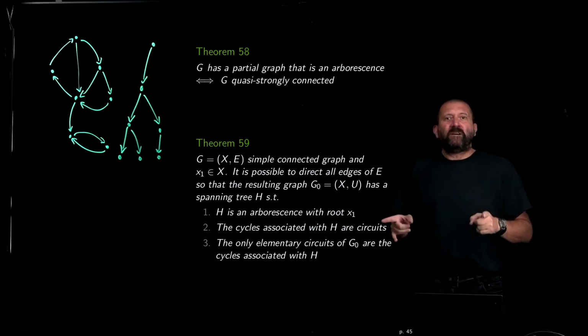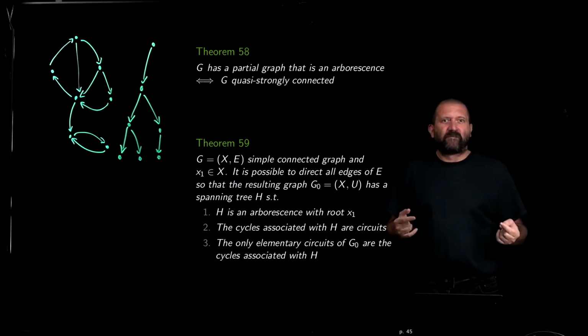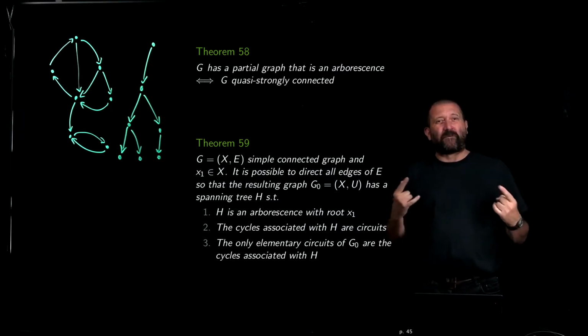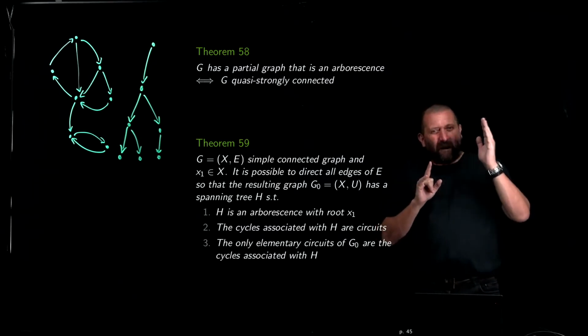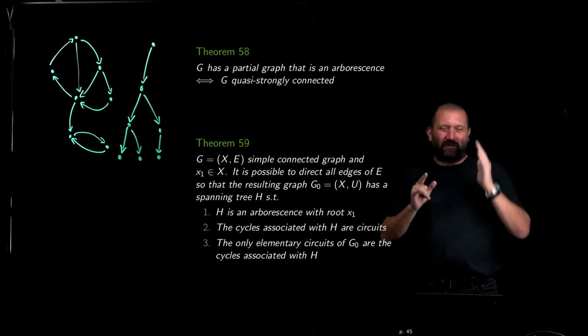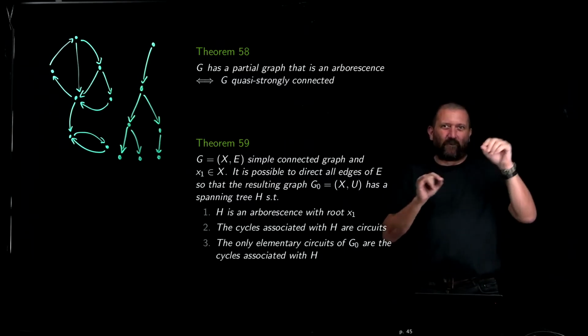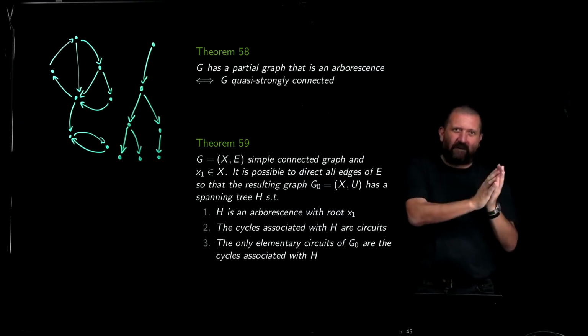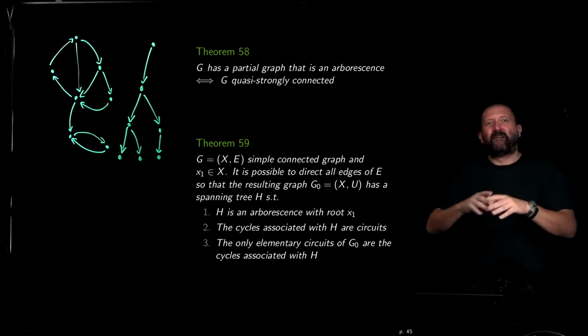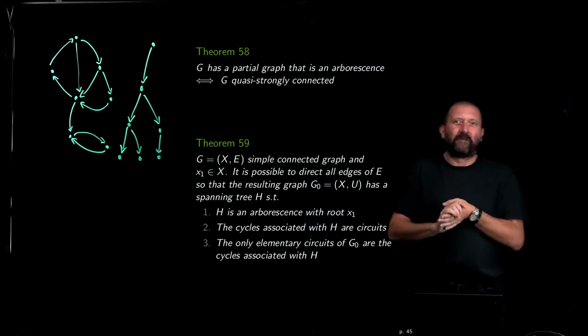A graph G has a partial graph. Remember, the partial graph is not the subgraph, it's the graph that you get when you select arcs or edges. So instead of selecting vertices and whatever connects them, you're selecting specific arcs or edges.